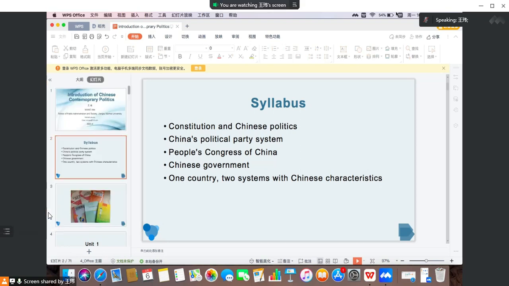Then more and more cities were pushed to open to the overseas, to open the door and open the mind and new science, to attract more and more talented people.